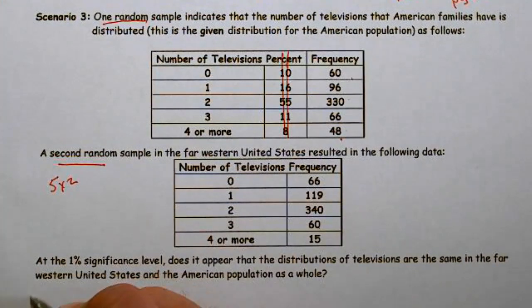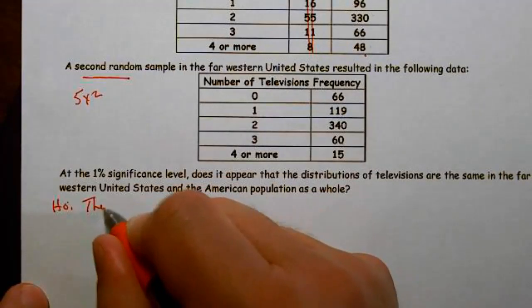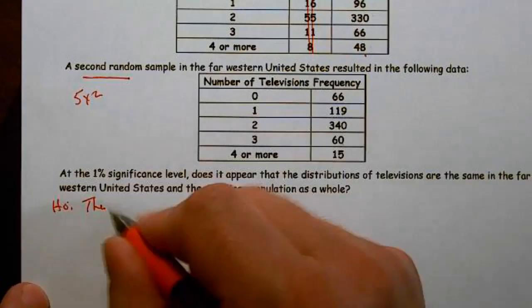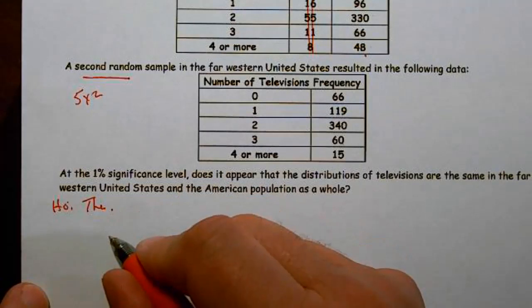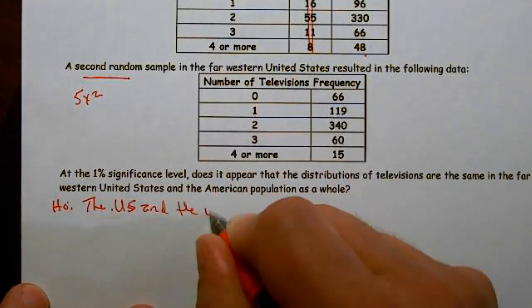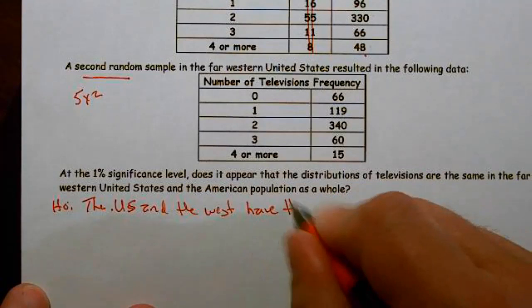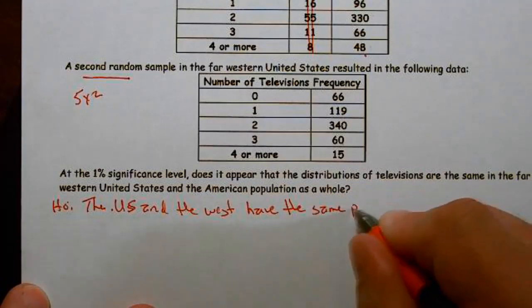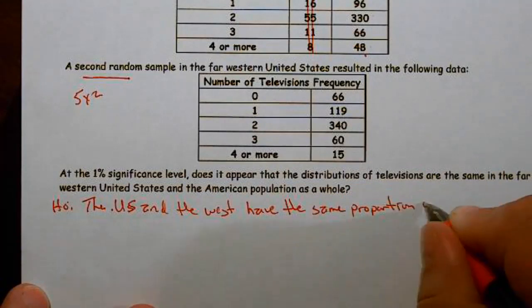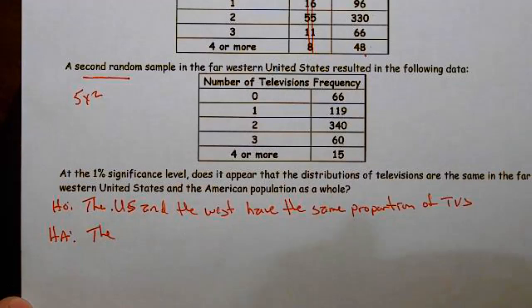So, null hypothesis: the proportion of the US and the West have the same proportion of TVs per household, or the same distribution.